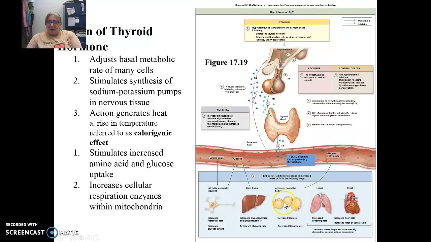So you're going to break down glucose more effectively, break down fats more effectively, use sugar to produce new molecules, use sugars as the energy for the neurons as a main function, increase respiratory rates, increase heart rates. All of this is going to be an increase of the metabolism.